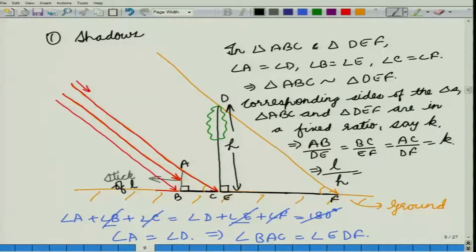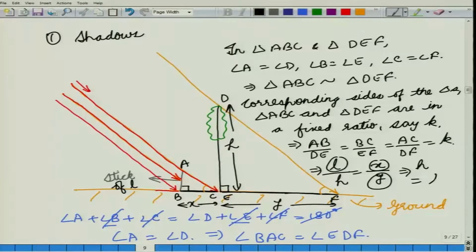Now, BC is the length of the shadow cast by the stick at this time. So, BC is equal to X. EF is the length of the shadow cast by the tree, say Y. So, X upon Y. In this equation we know L, we know X and we know Y. So, we can get H is equal to L into Y upon X.